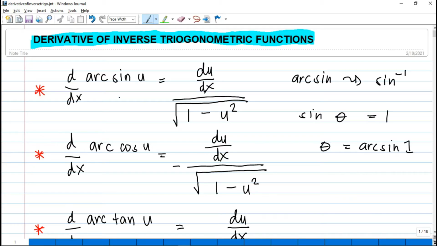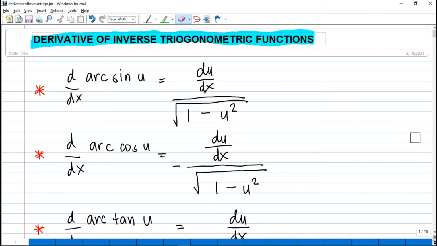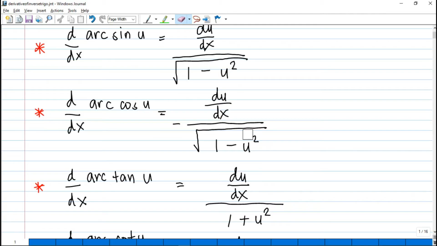Now, let's proceed to the formulas we use. For arcsine, the derivative of arcsine u, where u is a function of x, differentiated with respect to x is equal to du over dx all over the square root of 1 minus u squared. Then for arccosine, the derivative of arccosine u with respect to x is equal to du over dx, we just make it the negative of arcsine.